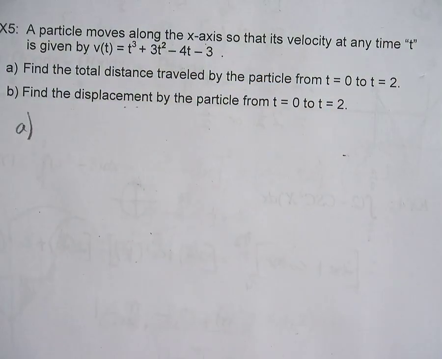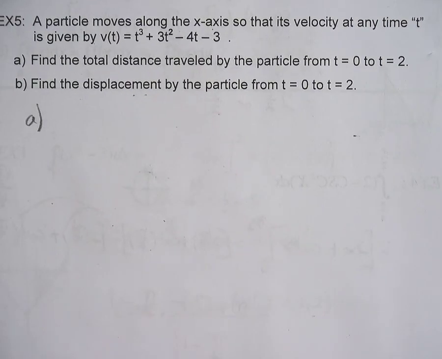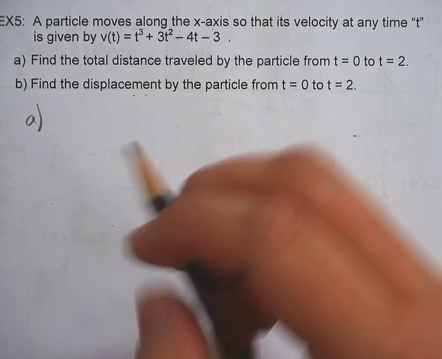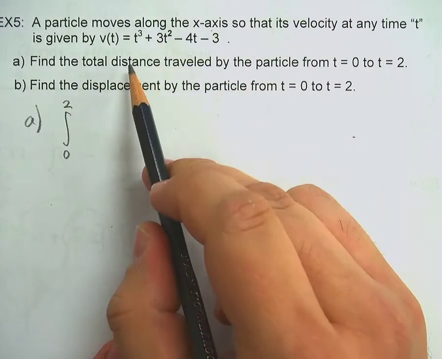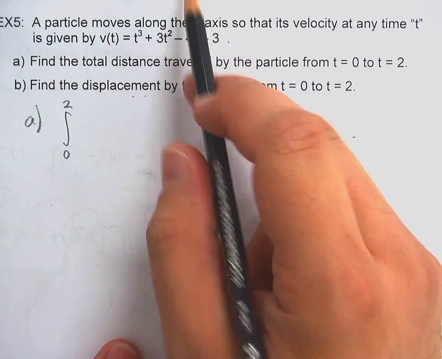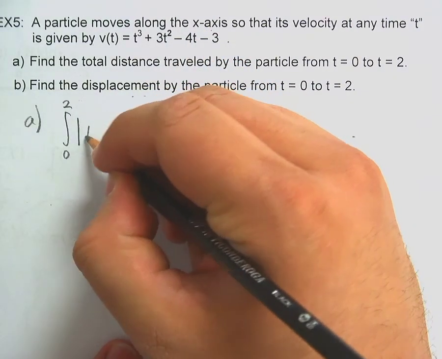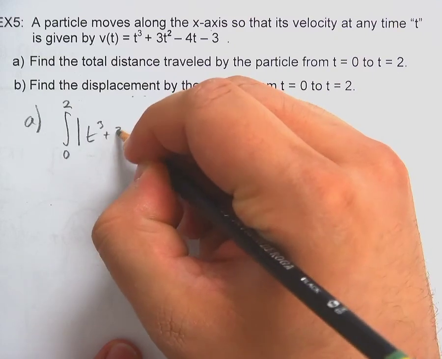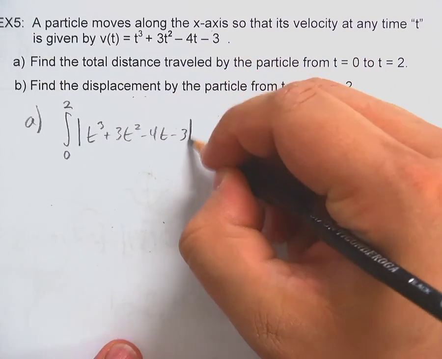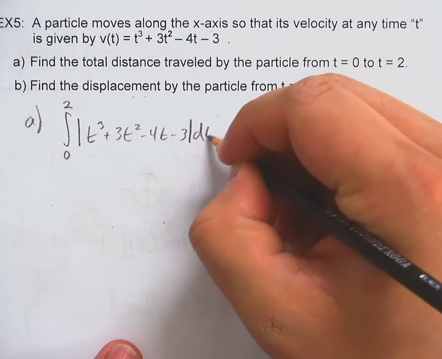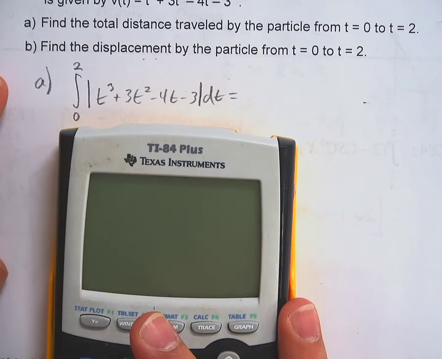All right, and I'm actually going to use my calculator for this. It's going to be a lot easier that way. It's going to be the integral of 0 to 2. First, total distance. Now, distance is the absolute value one, right? Distance is the integral of the absolute value of t cubed plus 3t squared minus 4t minus 3 dt. And I can actually come over here and I can plug that straight into my calculator.